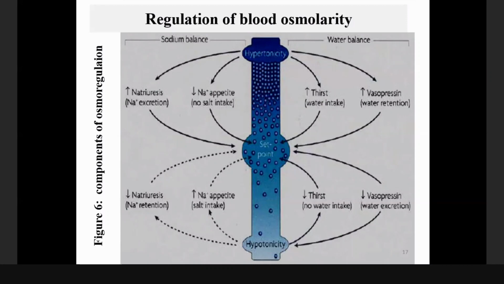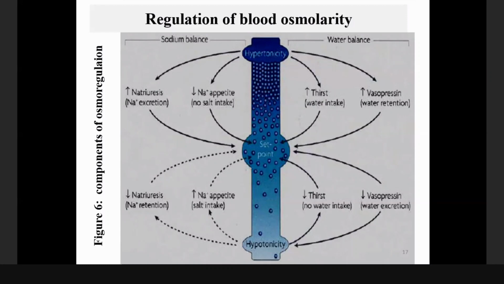Or since it reduces excretion of water, it's called anti-diuretic hormone. So when sodium in your blood is reduced, then vasopressin secretion should get less, so that more water gets out of your body in the form of urine, so that sodium concentration is increased. So this is called osmoregulation, an example of a negative feedback homeostasis control system.